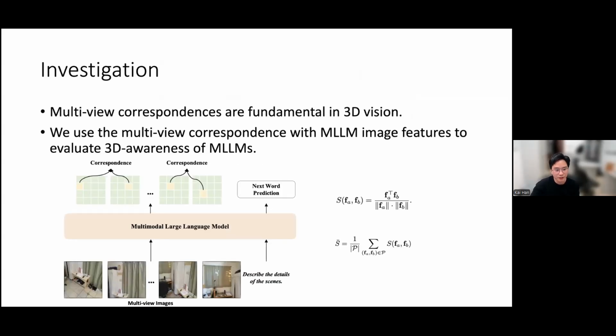First, because these models are not 3D foundation models, they are multimodal LLMs, and we only have visual frames, we tried to figure out a way to really measure their spatial awareness.